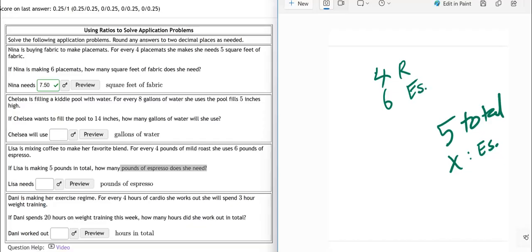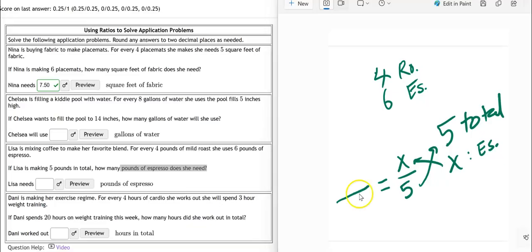Let's put ES as espresso and RO as roast. To make a proportion for this, 5 pounds is the total and X pounds is the espresso, so you put X over 5. Notice that 5 is the total and X is the espresso.